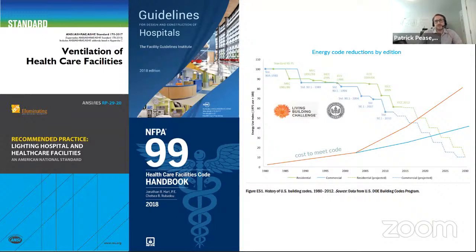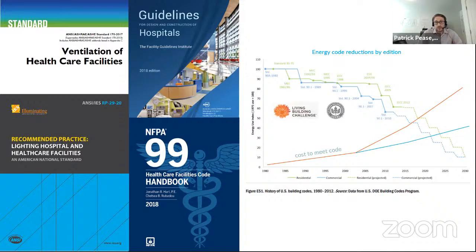Specifically for hospitals, this can be a challenge. On the right, we see a graph of energy codes where we see energy reduction targets. A lot of these have to do with more efficient systems, better envelopes, all these kinds of things. And then at the left, there are all these health and safety and human health requirements for hospitals. Hospitals are unique in that we're not just trying to live and work, we're trying to heal in them.